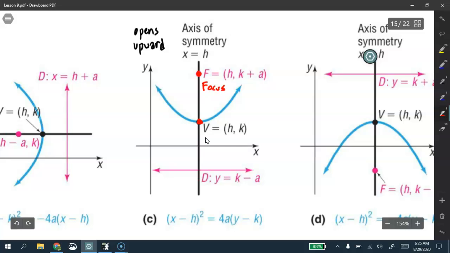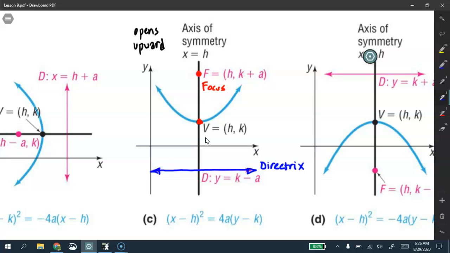All right. And then behind that graph, behind the parabola, is a line that looks like this over here. And that line is called the directrix.